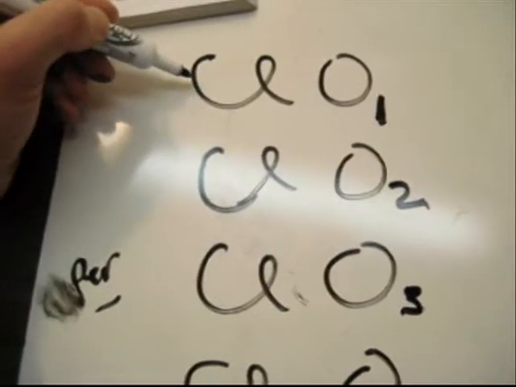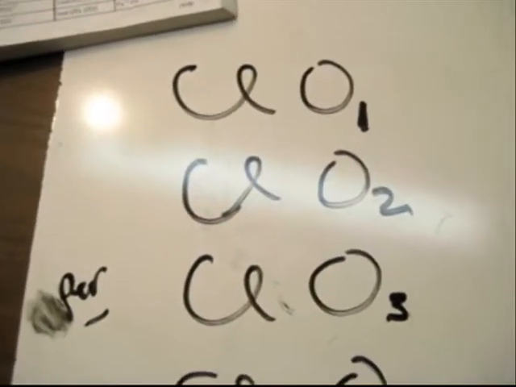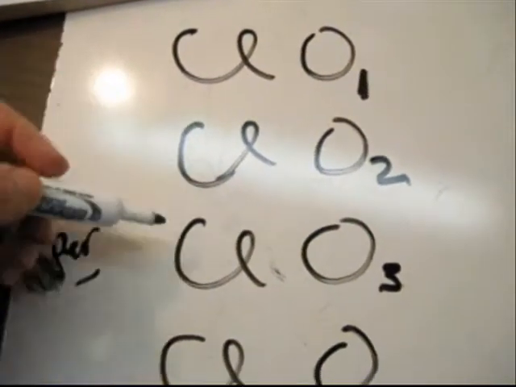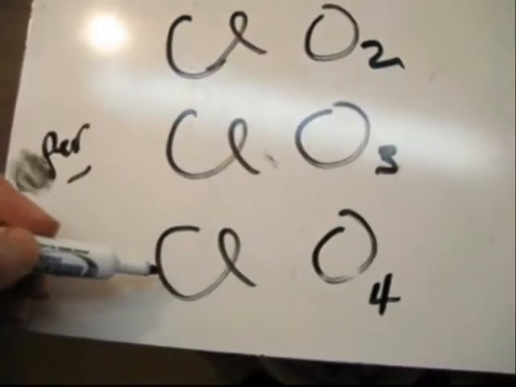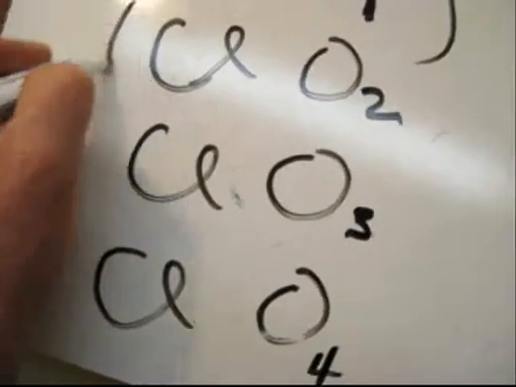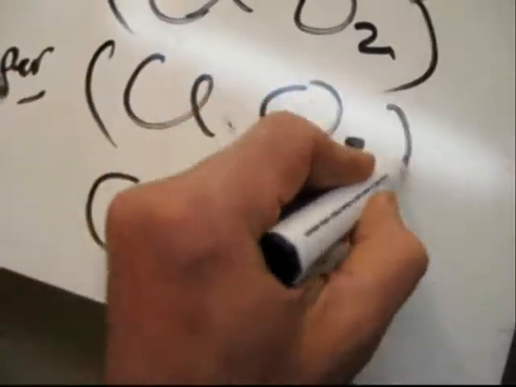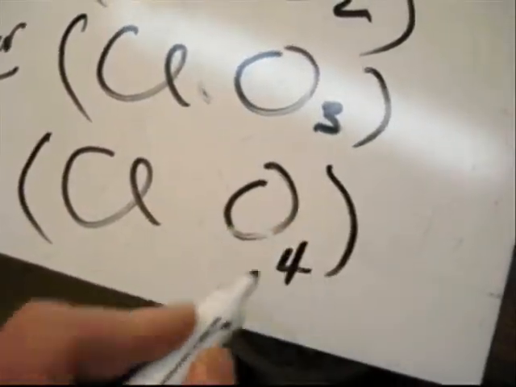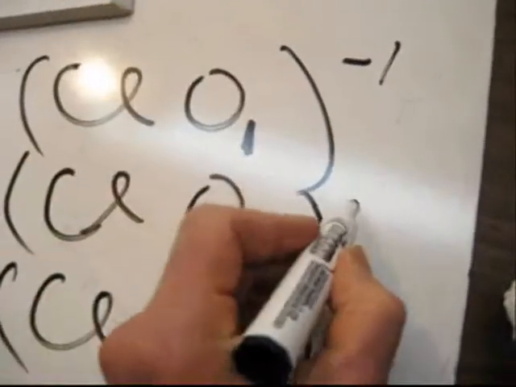So we have hypochlorite, then chlorite, chlorate, and perchlorate: 1, 2, 3, 4. We'll put our parentheses again to show that they all function as units. And for this one, they all have -1 charge.